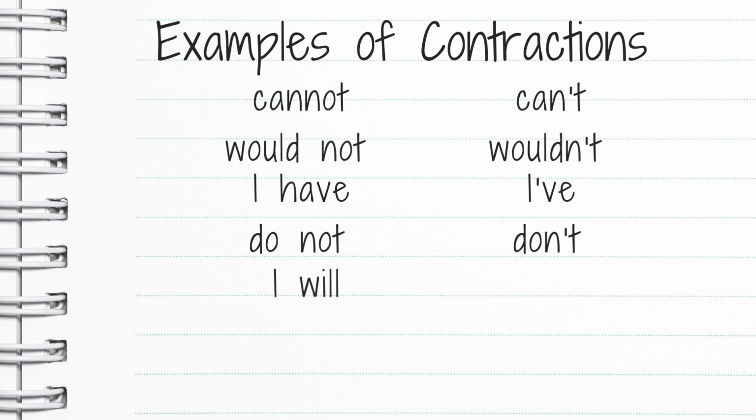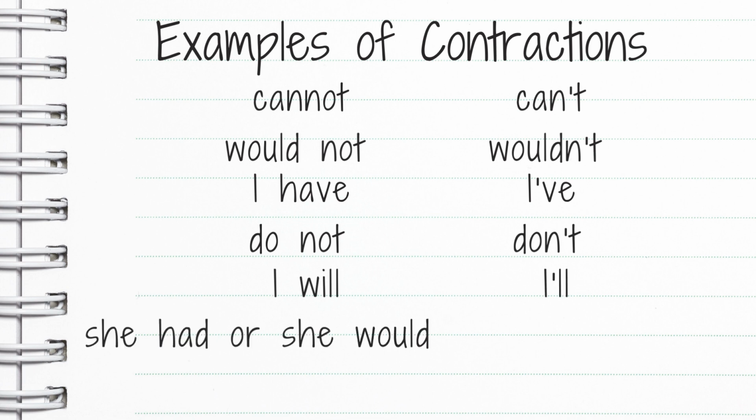I will, I'll. She had or she would, she'd. So that works, she'd works for both of those. So she had a horse, she'd had a horse. Or she would like a horse, she'd like a horse.